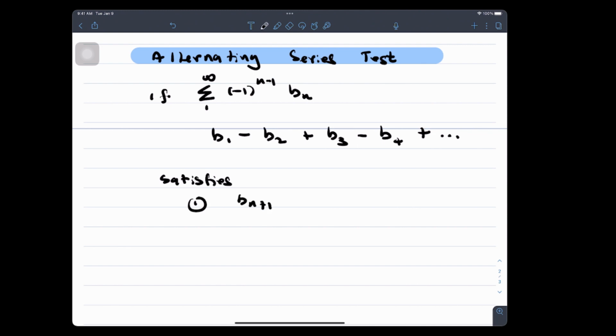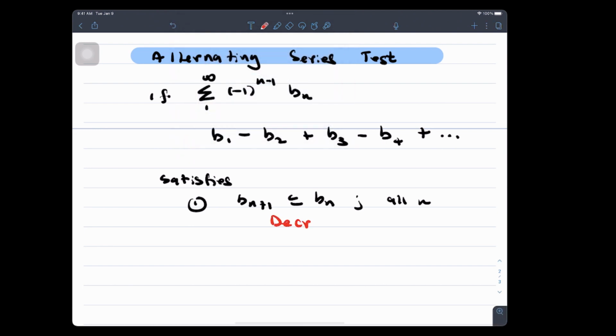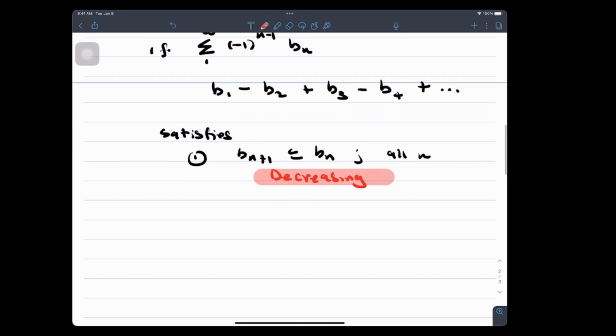You say Bn+1 is less than or equal to Bn for all n. You say, what does that mean? It means this Bn portion is decreasing. Decreasing. Okay. And not only is it decreasing, the limit of Bn as n goes to infinity has to equal 0.